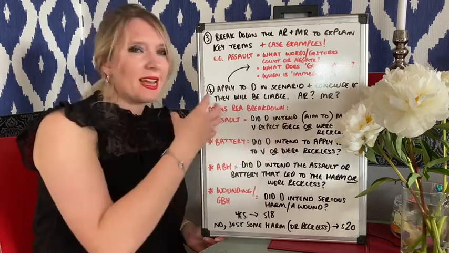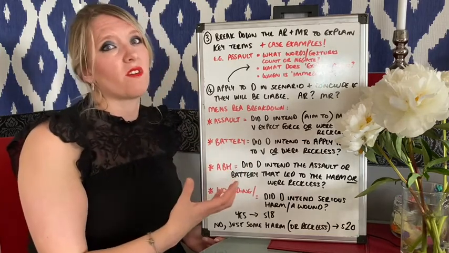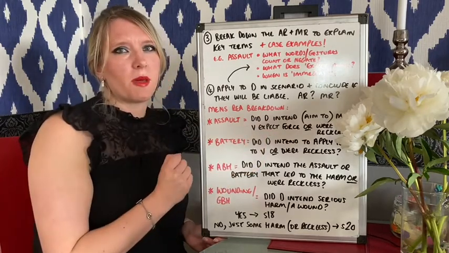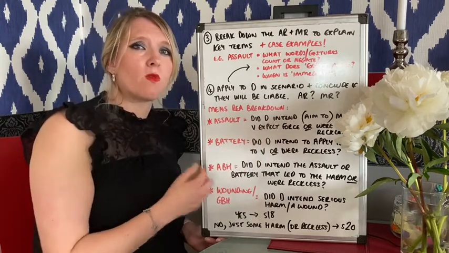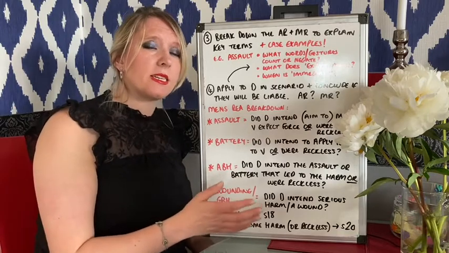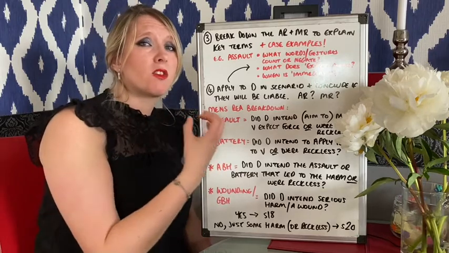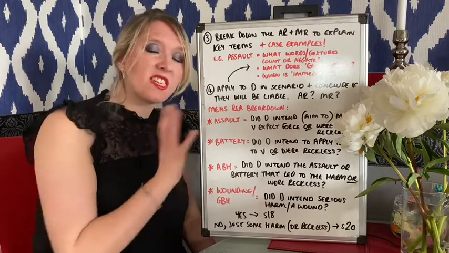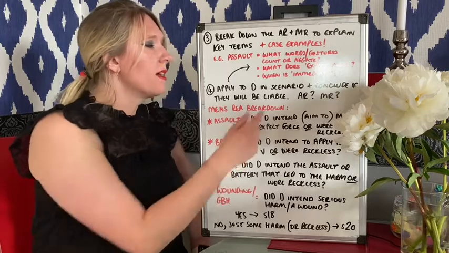Now remember, intending something is where it's your main aim. We saw that in the case of R versus Mohan. So is it your main aim to make the victim expect force? Or perhaps alternatively, you thought the defendant was reckless as to whether the victim would feel this way. Recklessness, as we saw in the case of R versus Cunningham, is about the defendant realising there's a risk this could happen, but they go ahead anyway. They don't stop, they still decide to do it, knowing that there was a possibility this outcome could occur.